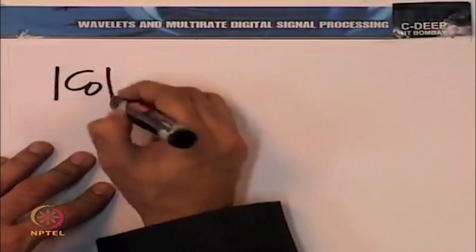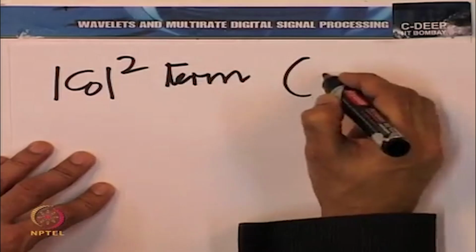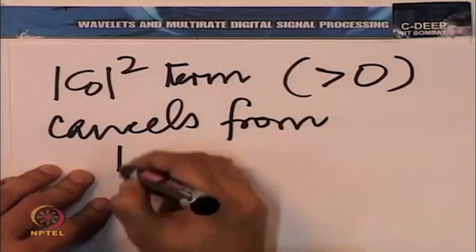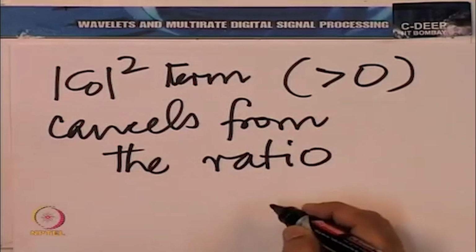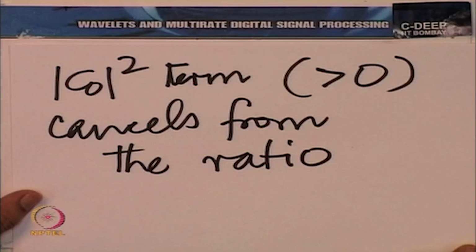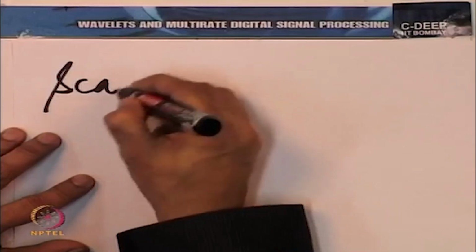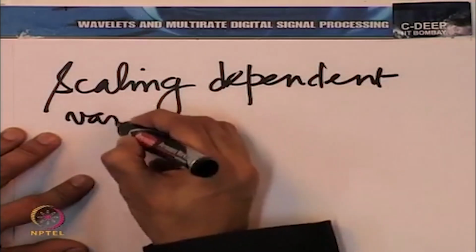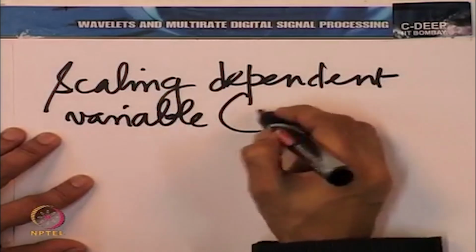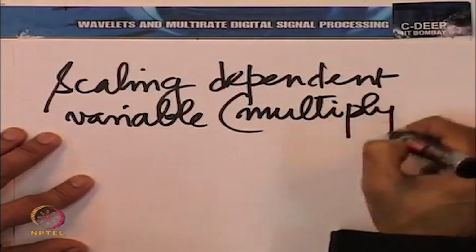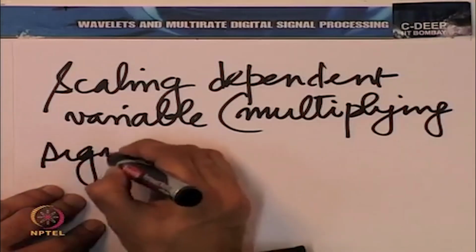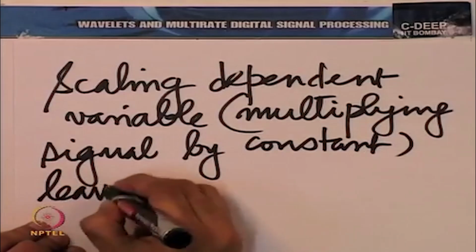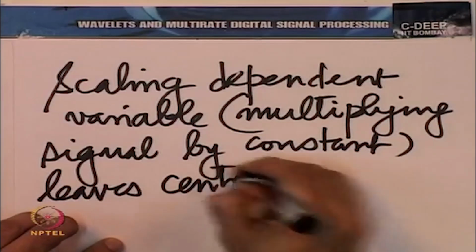The mod C 0 squared term, of course, greater than 0, strictly cancels from the ratio, and therefore, scaling the dependent variable, or essentially multiplication by a constant, multiplying the signal by a constant, leaves the centers and variances unchanged.